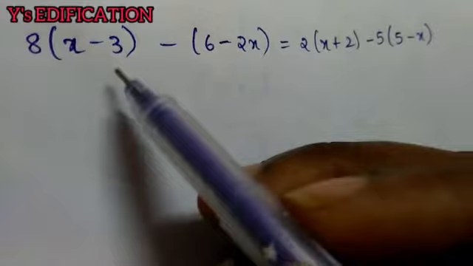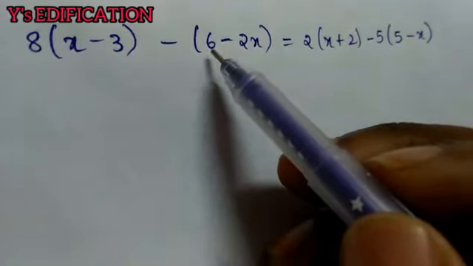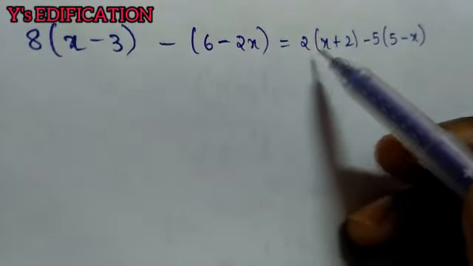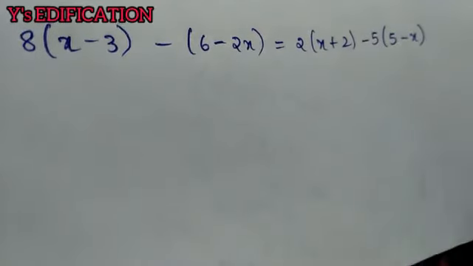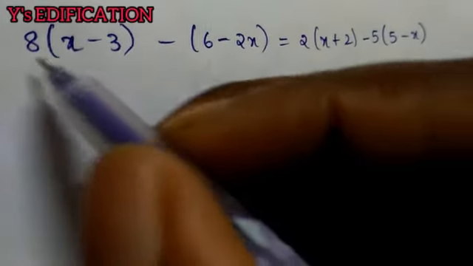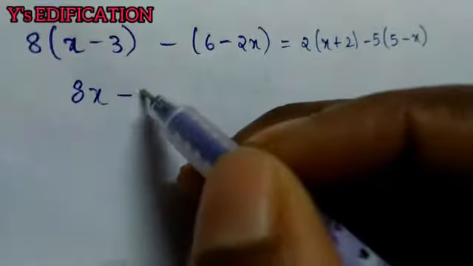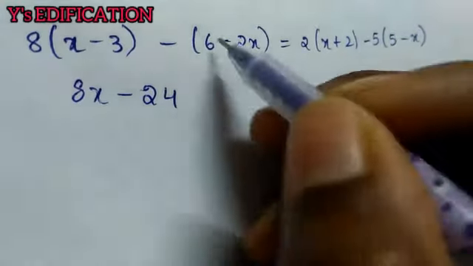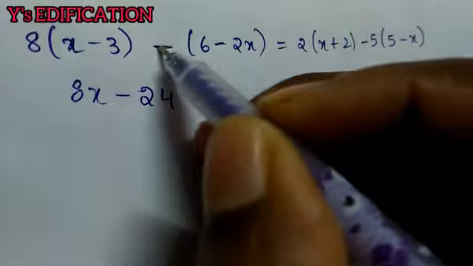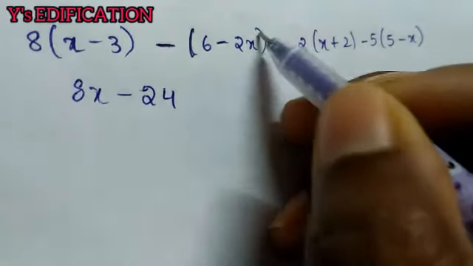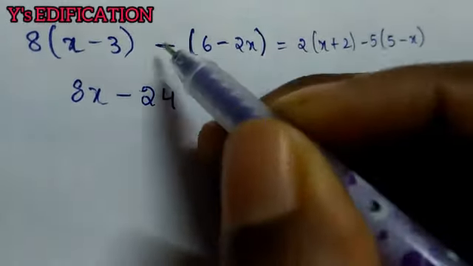8 into (x minus 3) minus 6 minus 2x is equal to 2 into (x plus 2) minus 5 into (5 minus x). Okay. So multiply this. 8 into x is 8x, minus 8 into 3 is 24. And we have minus here. So to remove this bracket, we have to multiply.